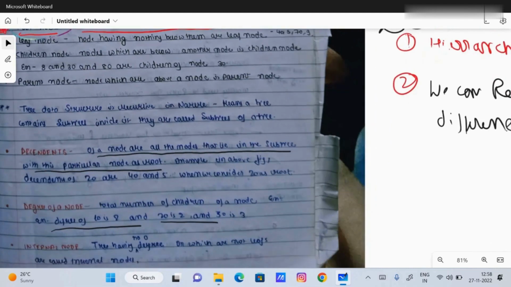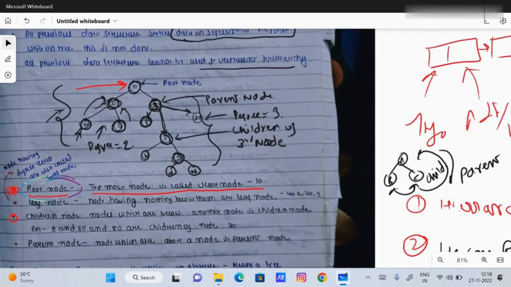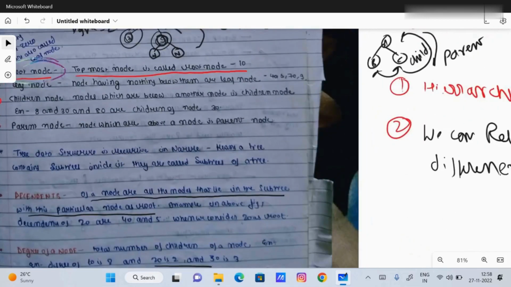Thereafter, we talked about descendants. Descendants of a node are all the nodes that lie in the subtree with this particular node as root. Look, the descendants of node 30 are 70 and 9.